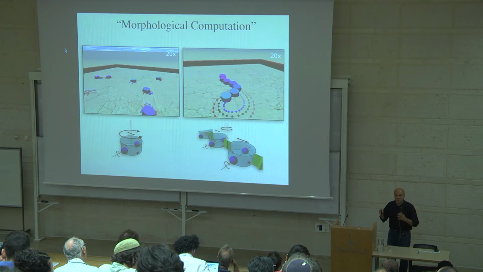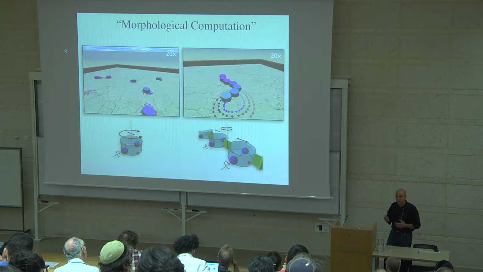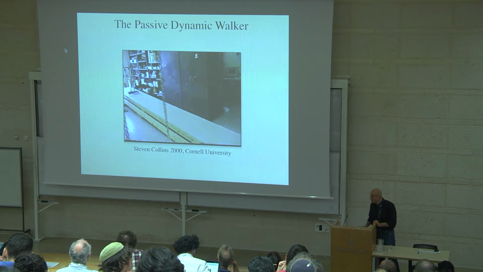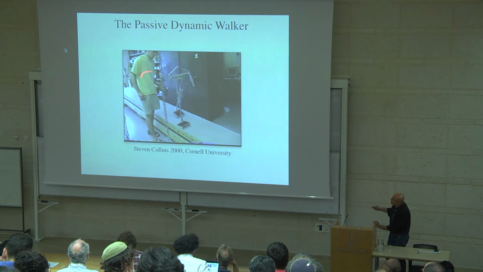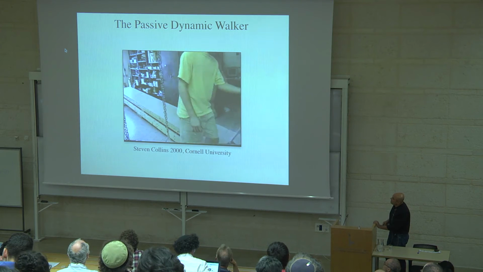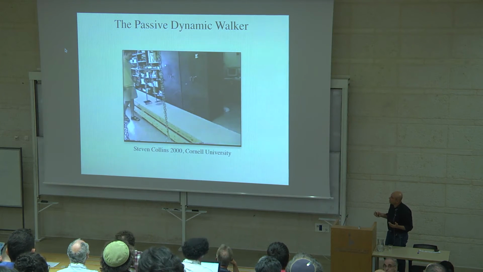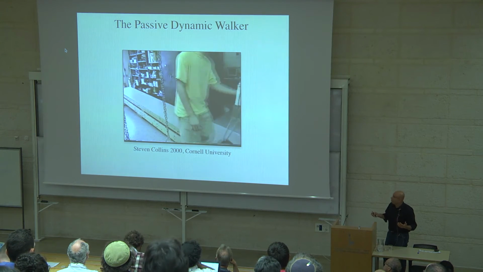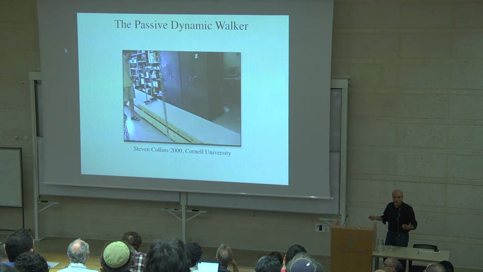The task of the brain is not to control the body, it's to exploit the properties of the body in order to express the desired behavior. And the extreme version of this is the so-called passive dynamic walker. It is a mechanical system designed to show a nice, naturally looking walking behavior without any control. This creature doesn't have a brain, so it doesn't control the walking.